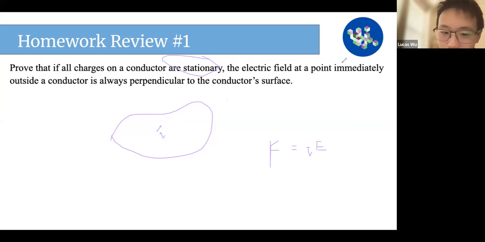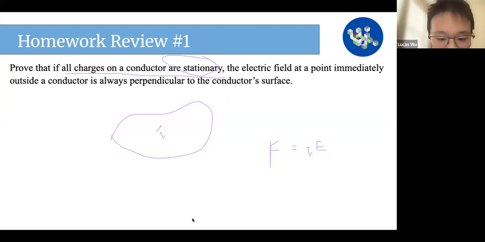The electric field is along the direction of the conductor's surface, meaning that the charge will be accelerated and will move across the conductor's surface. But we can't have that happen, because we're given that all charges on the conductor are stationary. So if we have an electric field around the conductor, it has to be perpendicular to the surface. Otherwise, the charges will not be stationary.